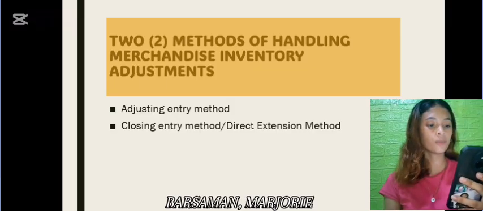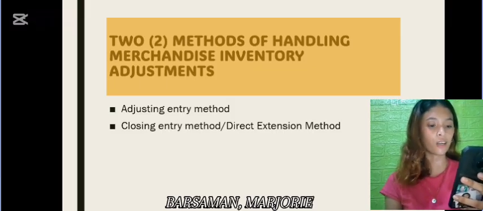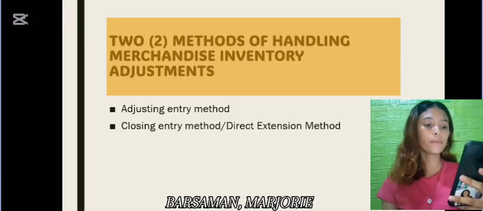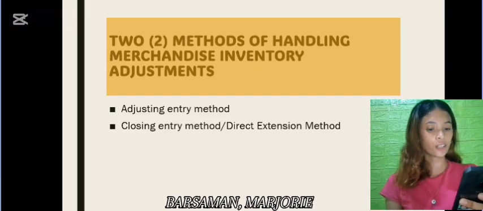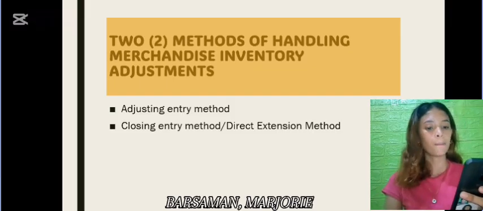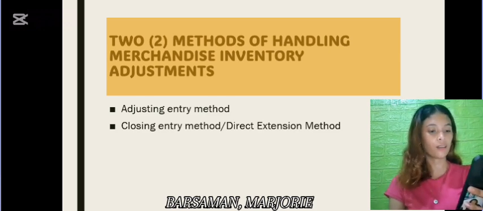It considers both the beginning and ending inventory values to arrive at the cost of goods sold. Both methods result in the same final figures for ending inventory and cost of goods sold, but the closing entry method is more efficient.